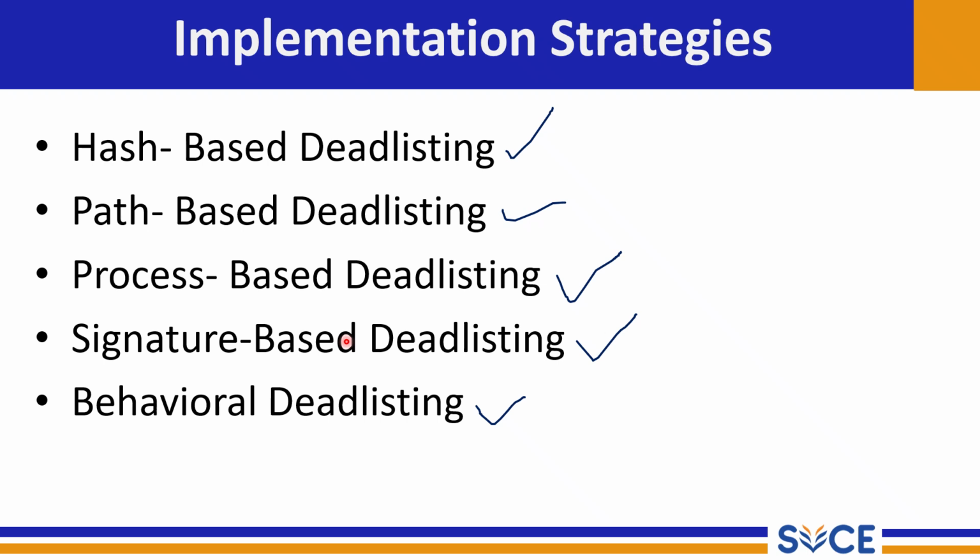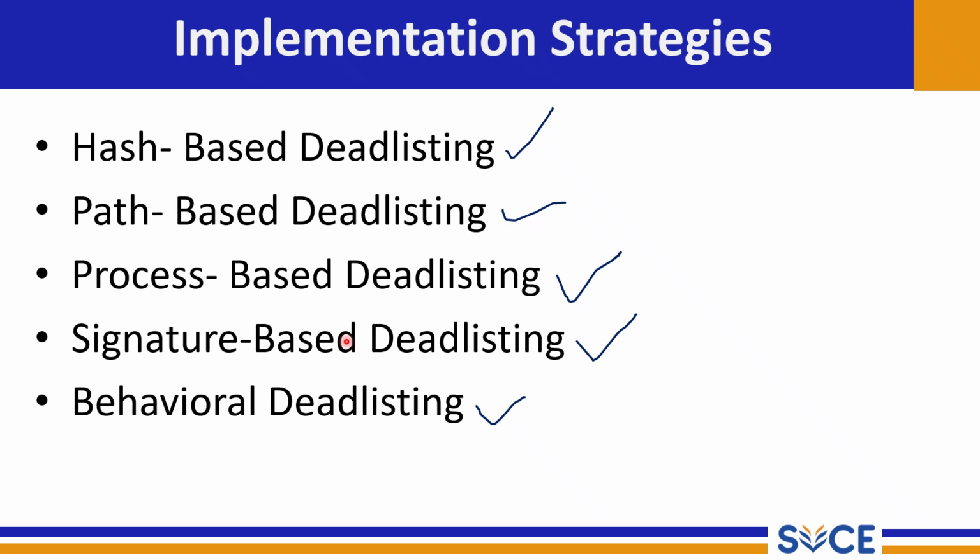And apart from this, we have discussed the limitations, but dead listing also presents several challenges, like maintaining accuracy, dynamic environments, evasion techniques, over-exclusion, and complexity. Maintaining accuracy: the effectiveness of dead listing depends on the accuracy of the exclusion list.